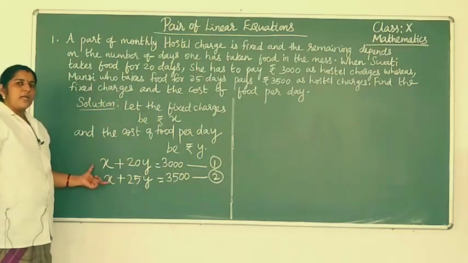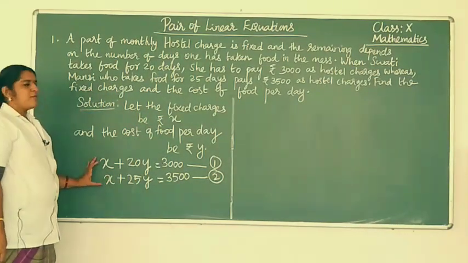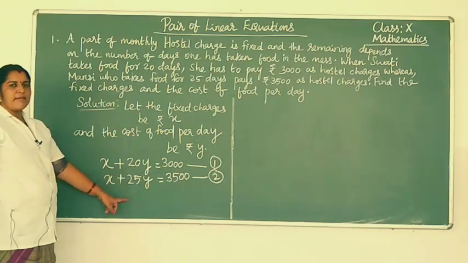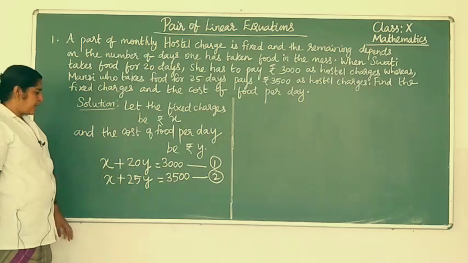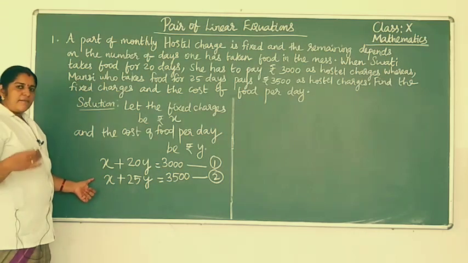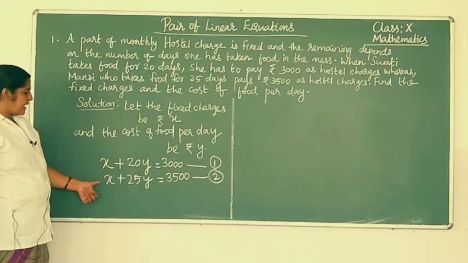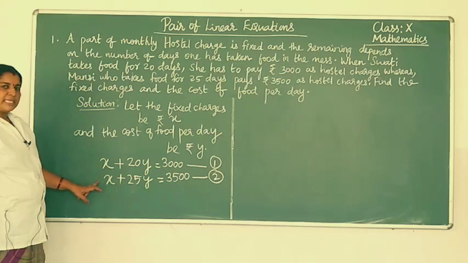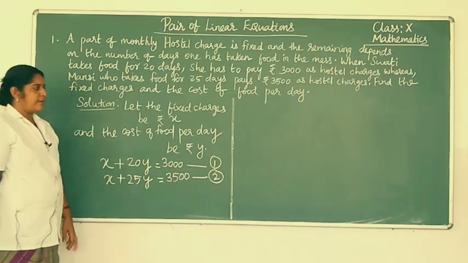So we got the two equations now. Now we can apply any of our known methods to find the value of x and y. When you see these equations, it is very easy to understand that we can apply the elimination method to eliminate x and find the value of y.